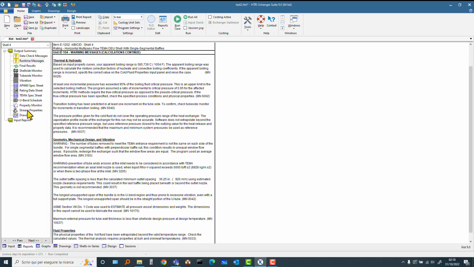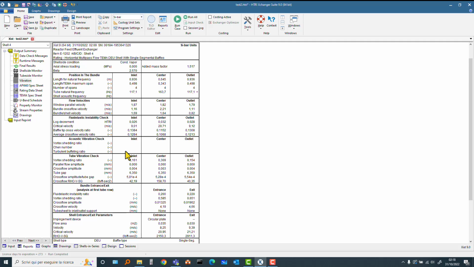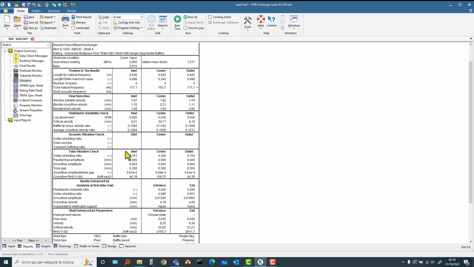If we look at the vibration, in the report there is always a vibration report, but I do not see any asterisks here, so we have no problem of vibration. But looking again at this tube layout, I realize that there is another problem.